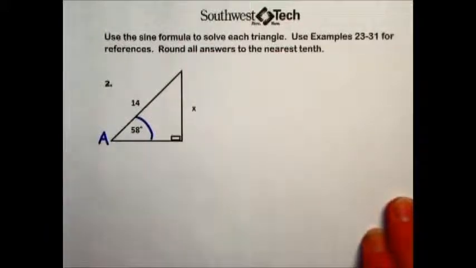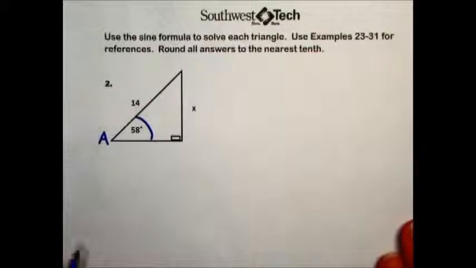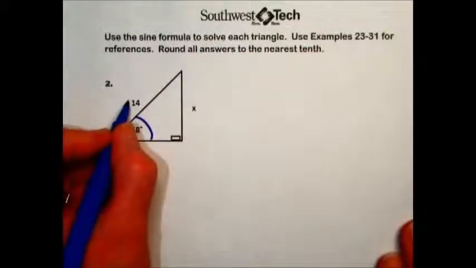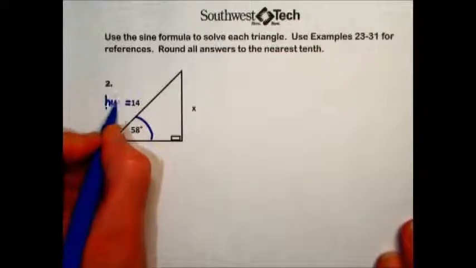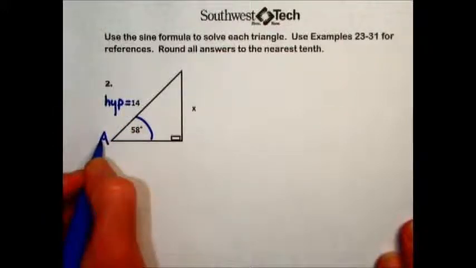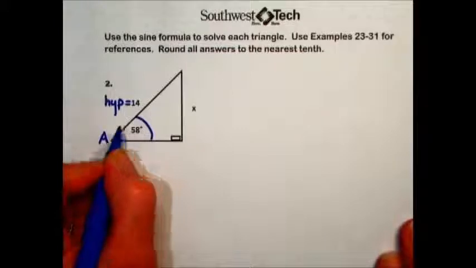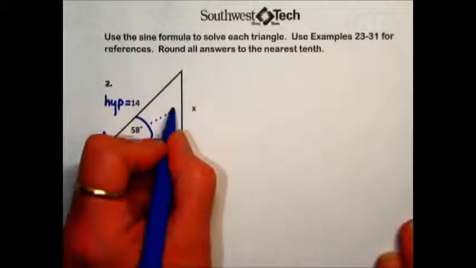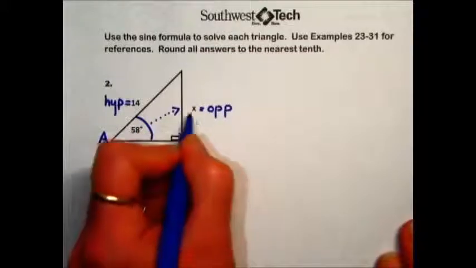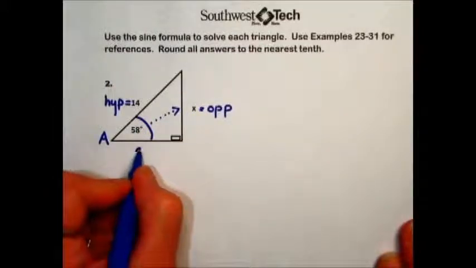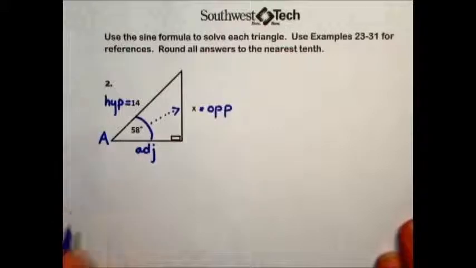Once we have our anchor, we can label the sides of our right triangle, starting with the hypotenuse, the side opposite the right angle, and the longest side. With A being 58 degrees, our reference angle, this side then will be labeled as opposite with the unknown length, and our third side will label adjacent.